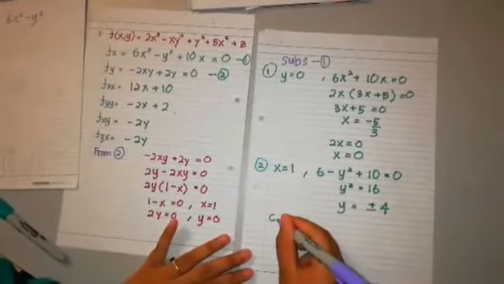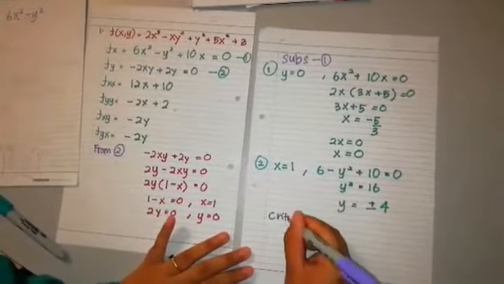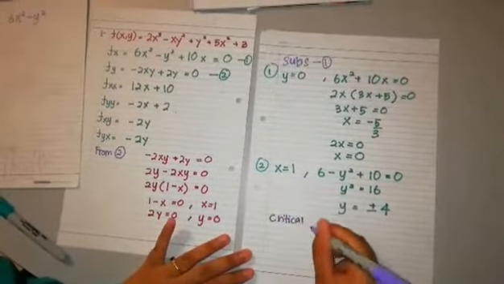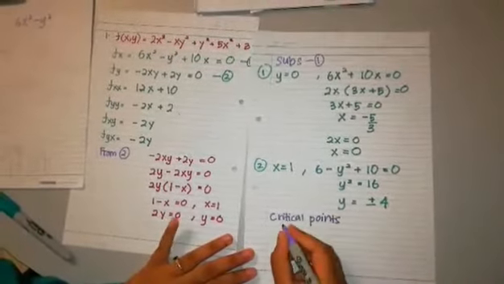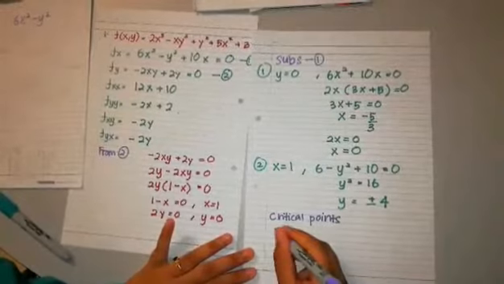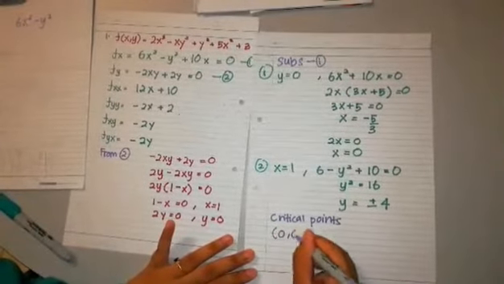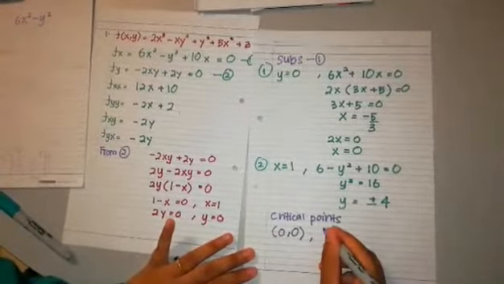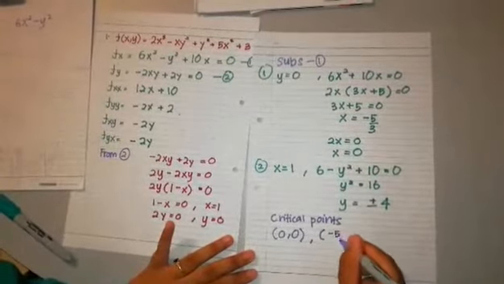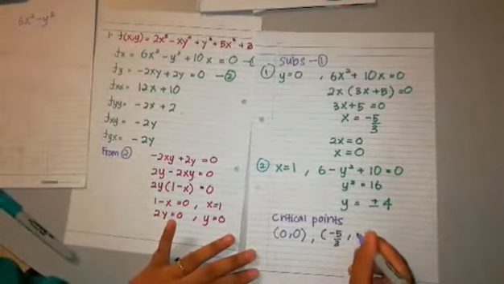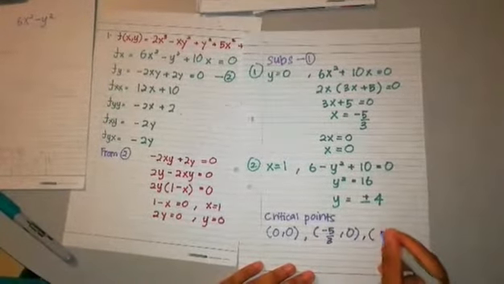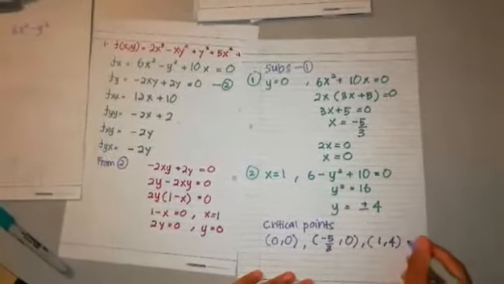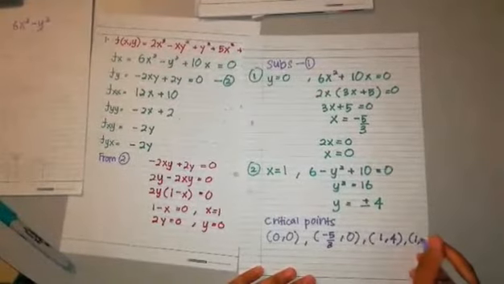The critical points are: 0, 0, then negative 5 over 3, 0, then 1, 4, and 1, negative 4.